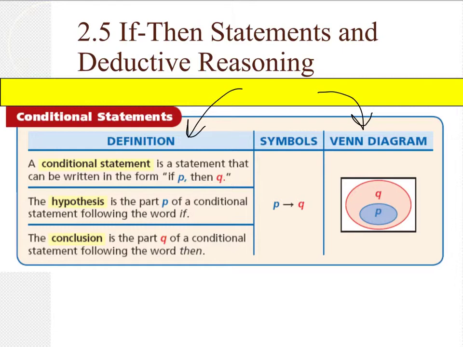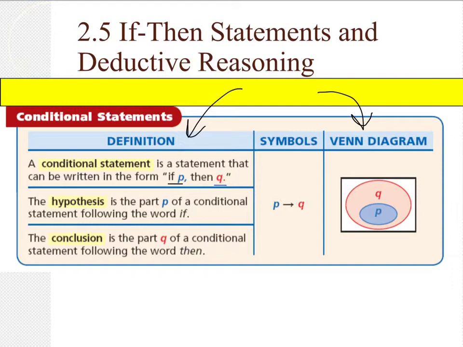Okay, a conditional statement, that is a statement that can be written in the form if P then Q. The hypothesis is that P part of the conditional statement. So if you're talking about the hypothesis, it is the front part, the part right behind the if, and a conclusion is the end part, so it's the caboose of the conditional statement. So it's at the end, it's after the then.